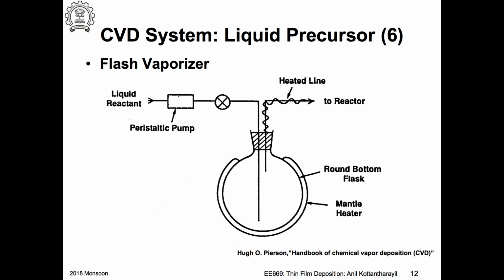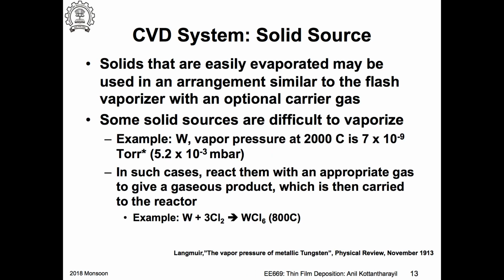So very simple, right? Solid sources, what do we do? This is a difficult process. Solids that are easily evaporated may be used in an arrangement similar to what we have seen here. You heat up the solid, and it evaporates at reasonable temperatures, not going to very high temperature.